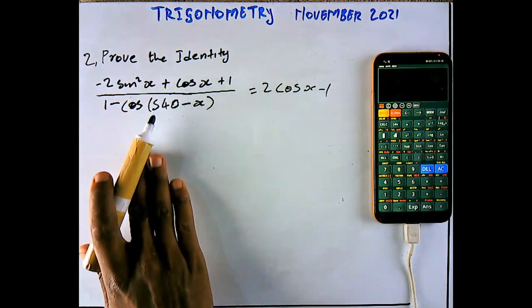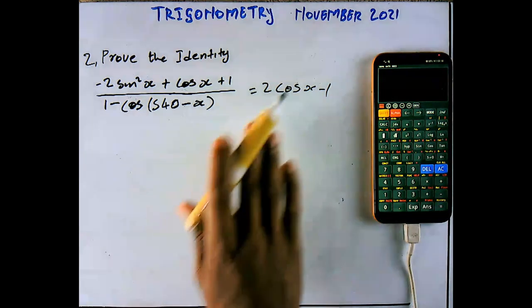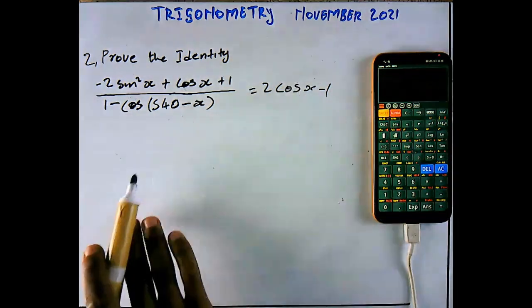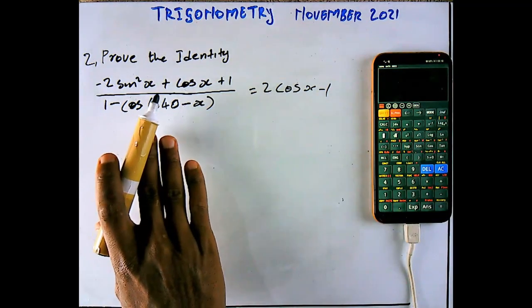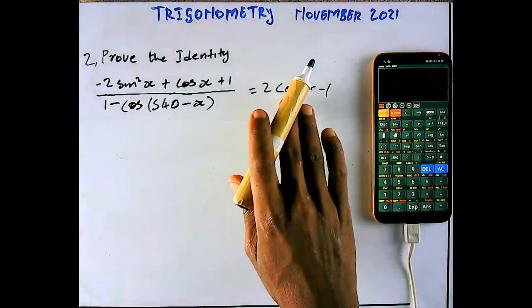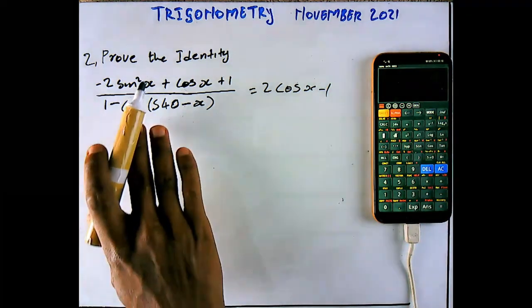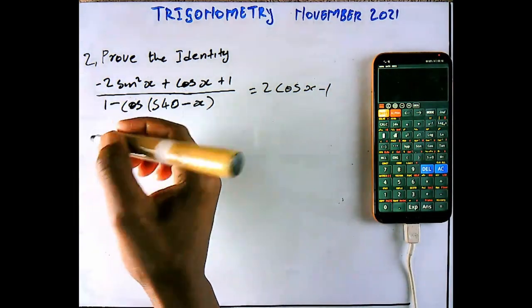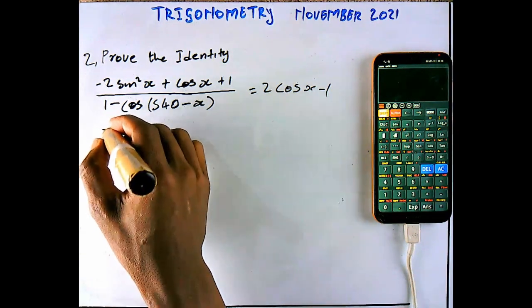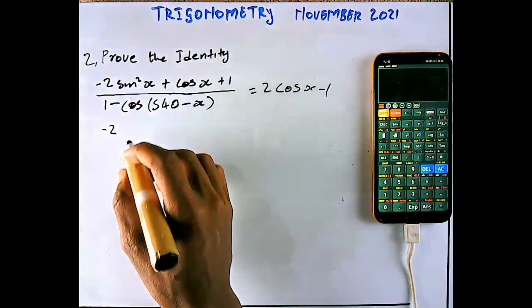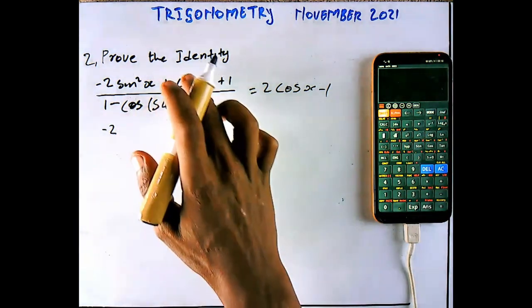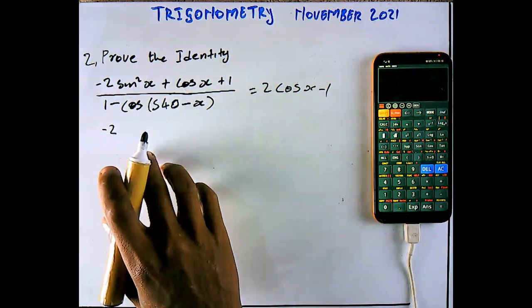If we don't get this answer, then we can work on the other side. If we get this one, then it's fine. But sometimes when we do proofs, we can prove both sides. But let's start with the complicated one. So here you can have negative 2. Another thing, we've got cos and we've got sine squared.